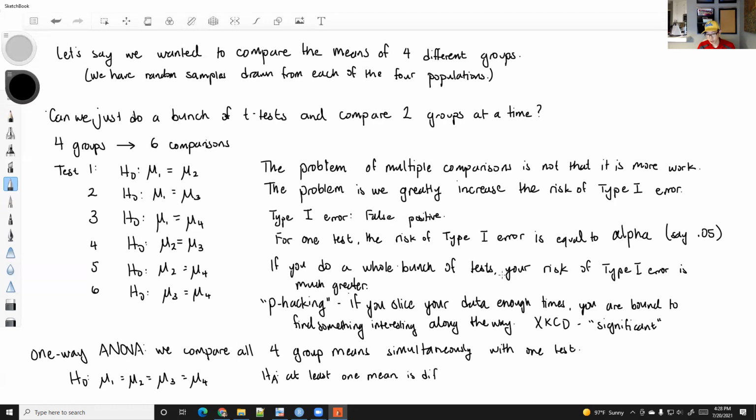And anytime you have more than 2 groups, it's going to be non-directional. We'll say all ANOVA with more than 2 groups, so 3 groups or more, will have non-directional alternatives.